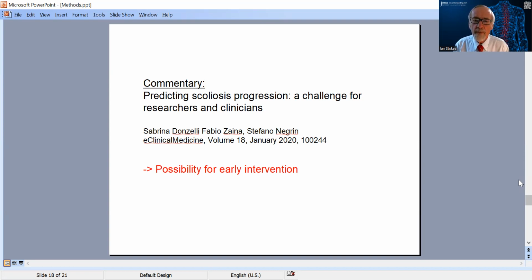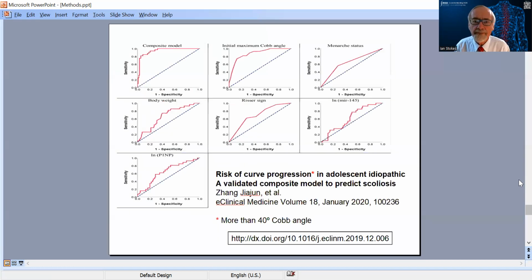But to do that, one needs to know that that patient would have progressed without treatment. Well, actually from Hong Kong, a study used several measurements to identify the risk of curve progression, shown here as receiver operating curves.